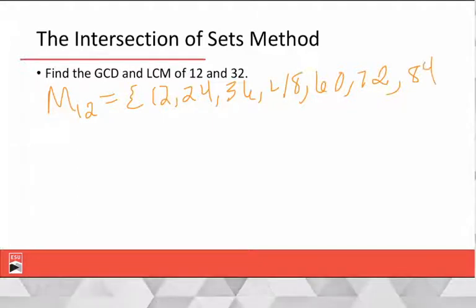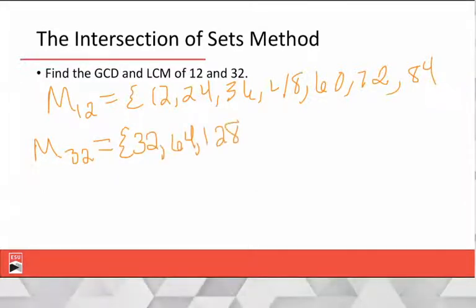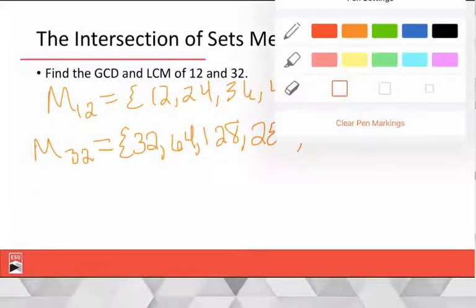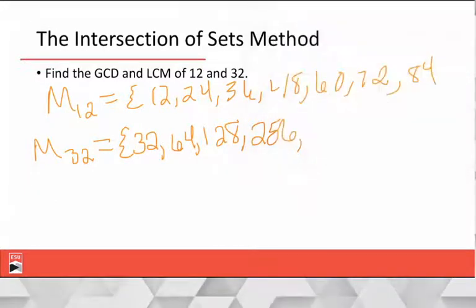Multiples of 32: 32, 64, 128, 256. Whoa, I skipped way too many. Does anyone know what I did there? I started doing powers of 2 instead of multiples of 32.